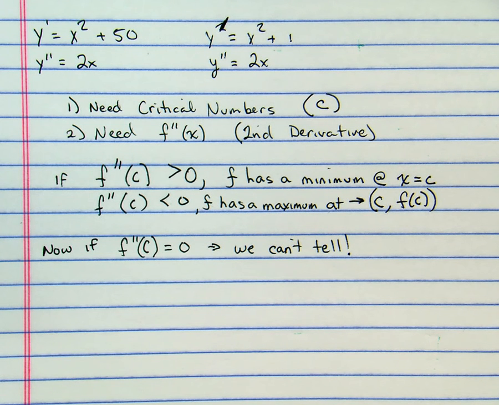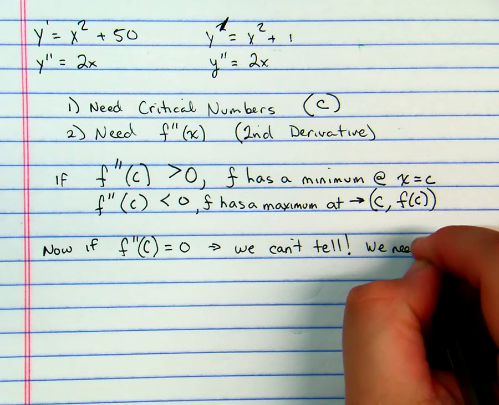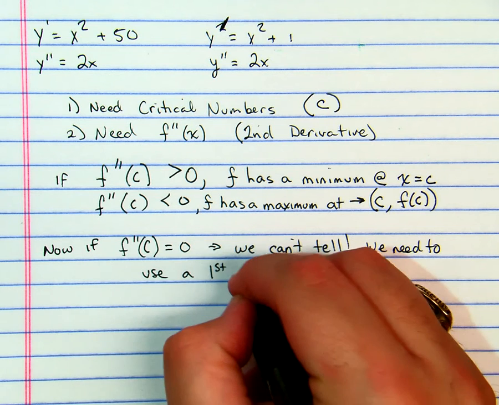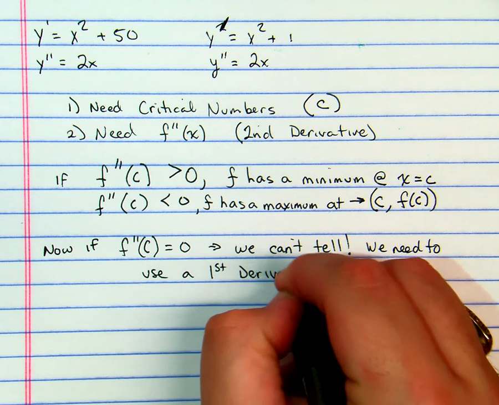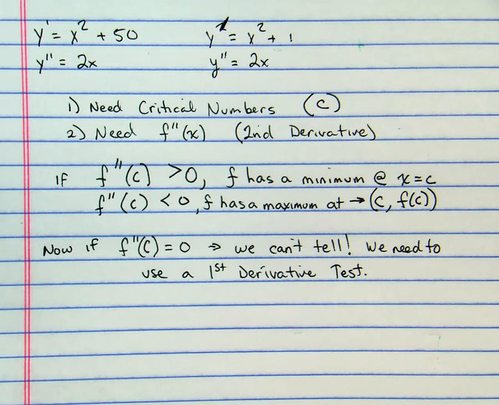It might be a maximum. We need to use a first derivative test at that point. Sometimes you know, sometimes you don't know.